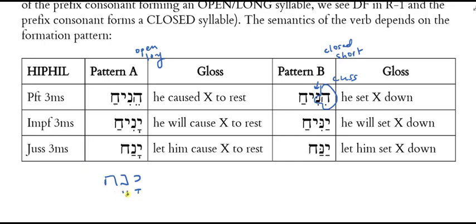Jussives have seres in the uninflected form, but chet is a guttural, and so it becomes a pathak before that guttural. Let him cause X to rest. Yanach with the closed and short vowel, closed syllable short vowel, let him set X down. Okay, so same verb, different meanings depending on whether it follows pattern A or pattern B.